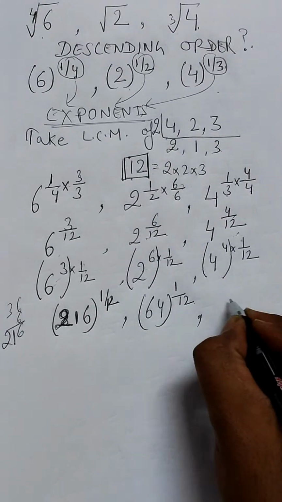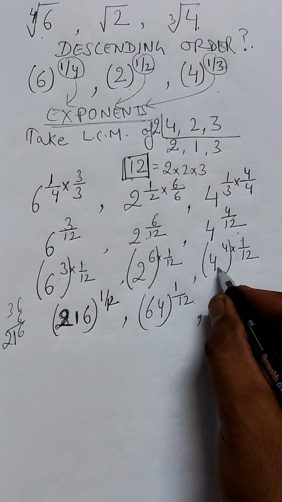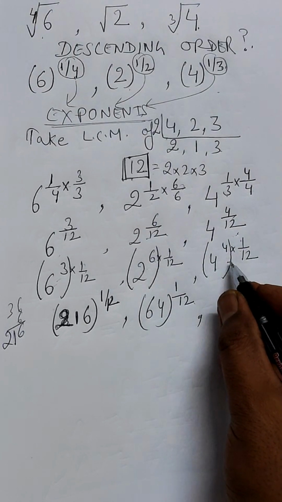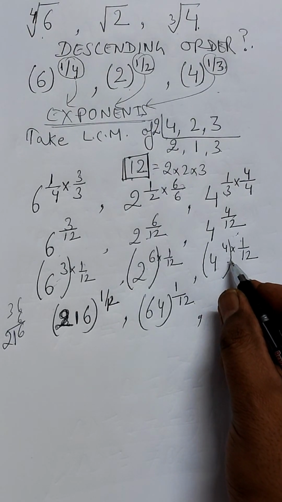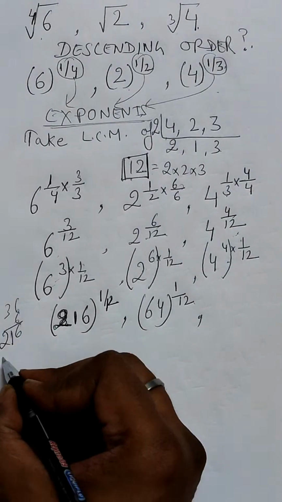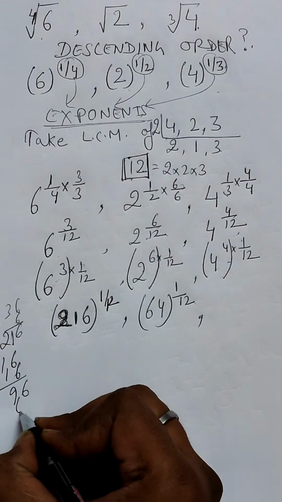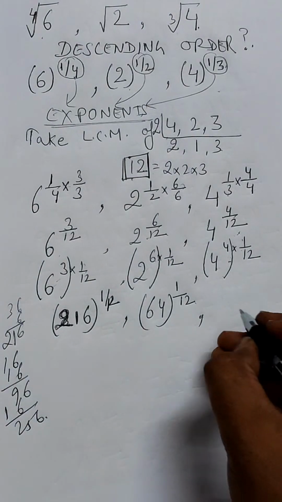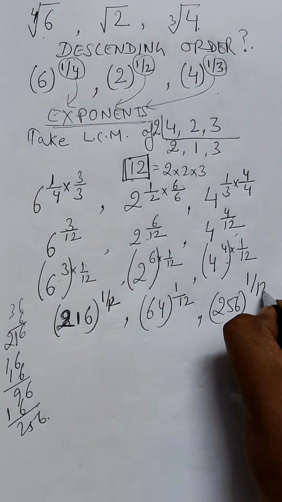And the third number can be written as 4 into 4 into 4 into 4. 4 into 4 is 16, and 16 into 16 is 256. So it can be written as 256 power 1 by 12.